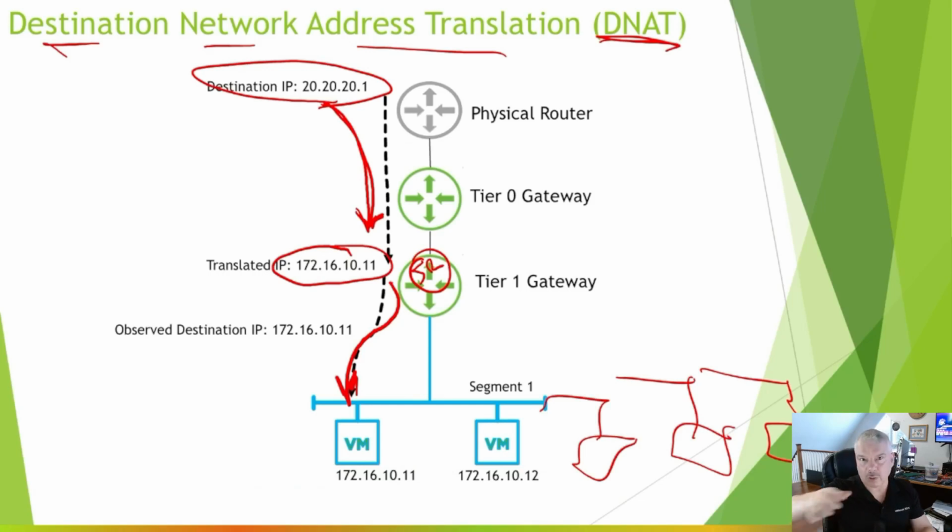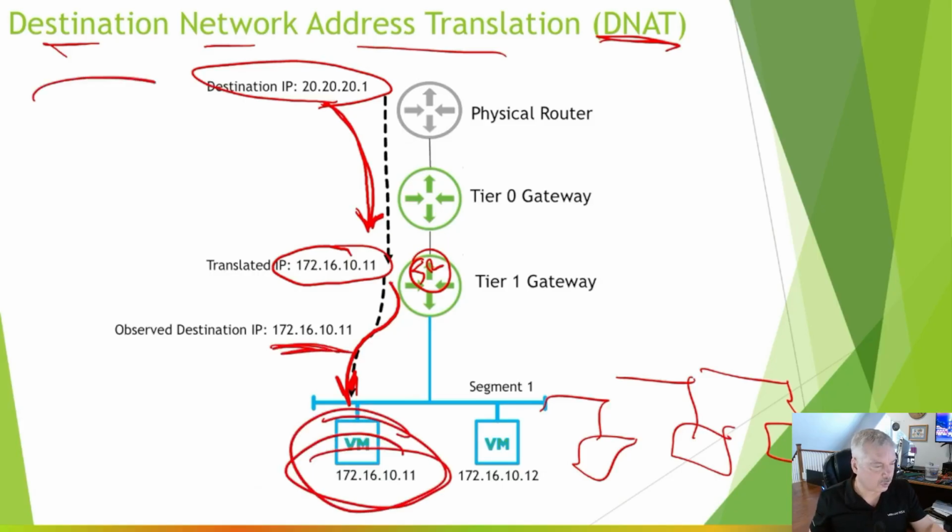So that's what the load balancer would do. Take the destination address, manipulate it, change it and send it down to another machine. So down here, in my case, I'm going to do a 172.16.10.11 again. In this case, the outside world thinks it's talking to this, but technically this is the actual IP address, okay? Again, it's the SR component that does this.